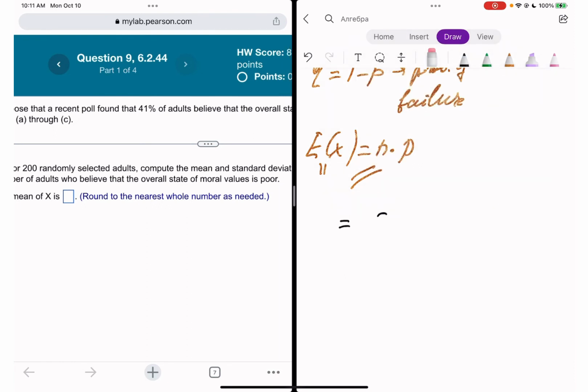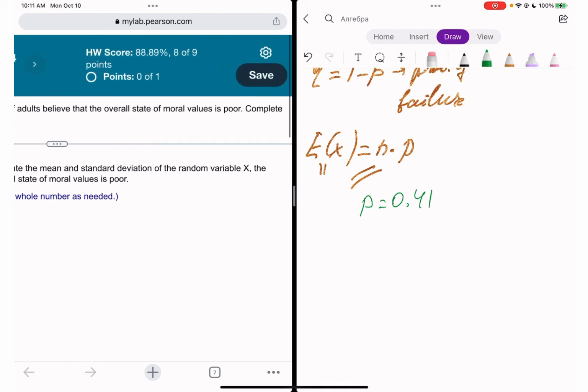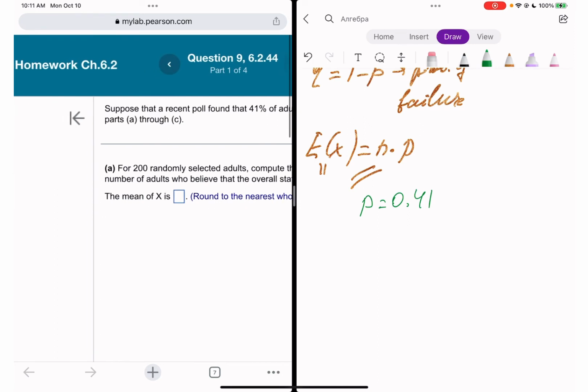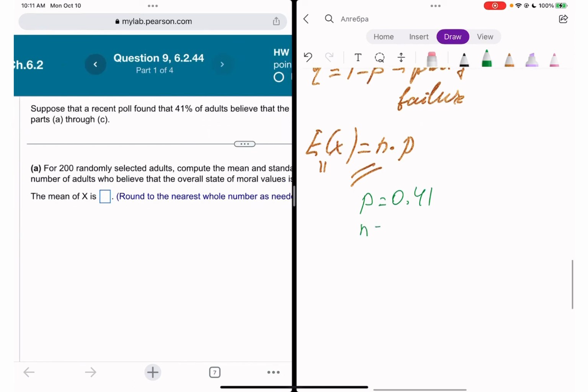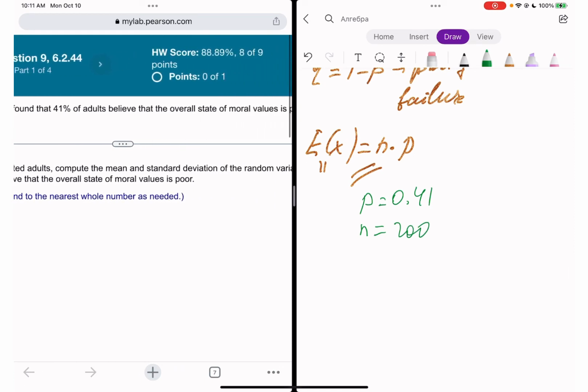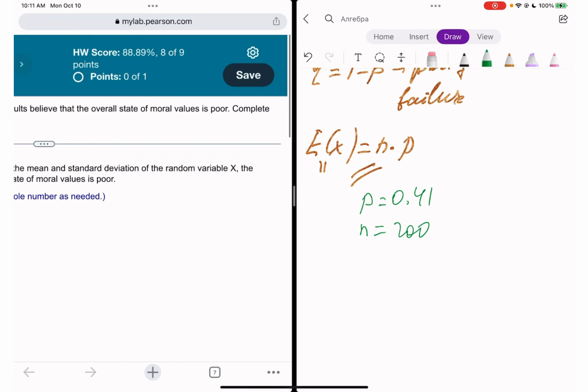Okay, that means probability is, let me use this one, 0.41 that the state of moral values is poor. Okay, so for 200 randomly selected adults, n is equal to 200. Okay, compute the mean. We need to find mean and standard deviation.